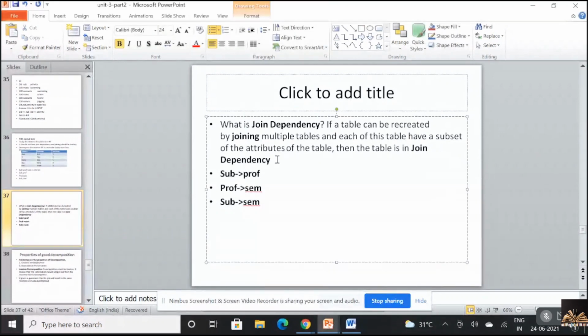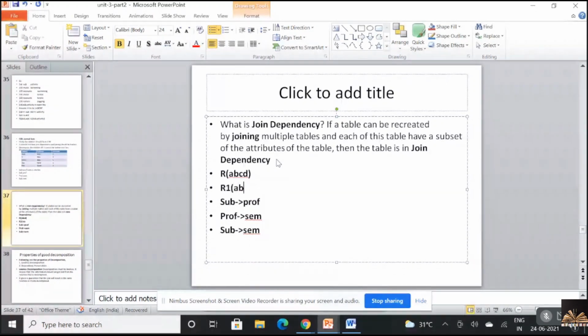So if I say I've got a relation R with A, B, C, D as its attributes, now what I'm trying to do is break this into pieces.